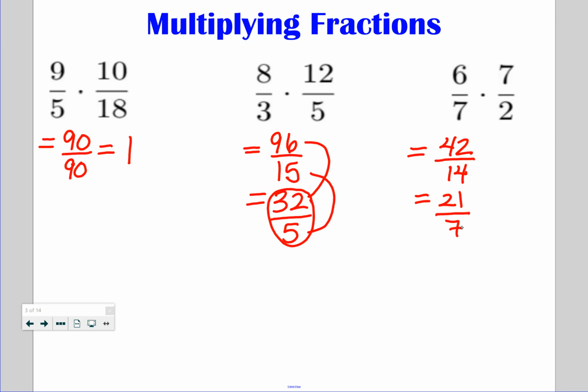And then it looks like we can simplify a little bit more. 21 and 7 are both divisible by 7. If I divide the top by 7, I get 3. If I divide the bottom by 7, I get 1. 3 over 1 is the same as 3, which is the same thing you would get if you put 42 over 14 in your calculator and reduced it.